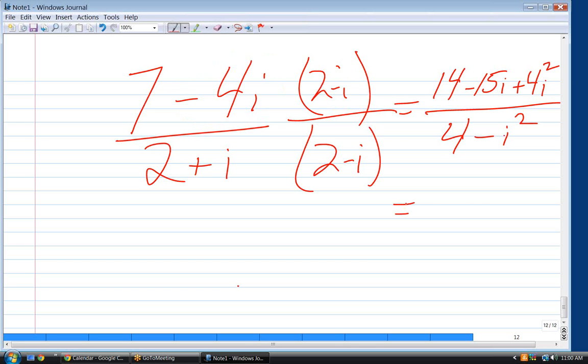Now what? So now on the bottom, it's just 5. And then the top is 10 minus 15i. Okay, now give me that answer in a plus bi format.